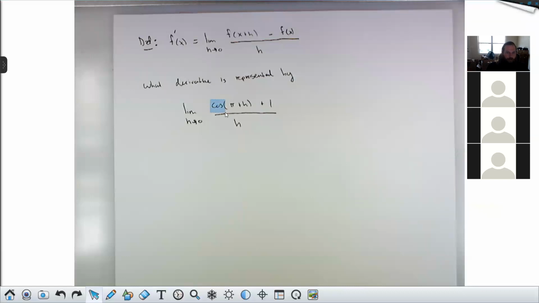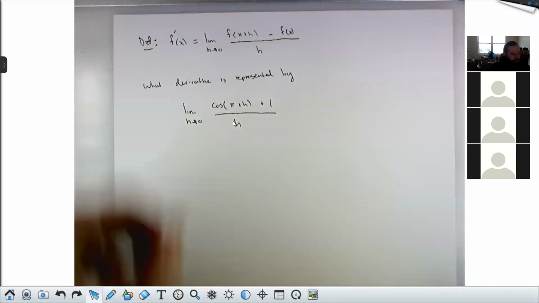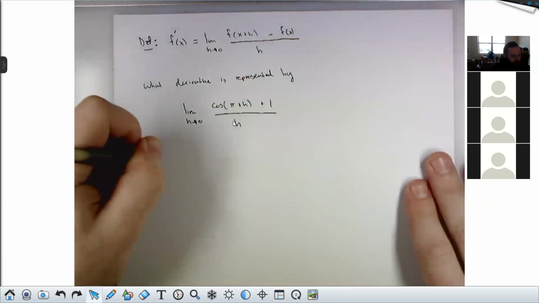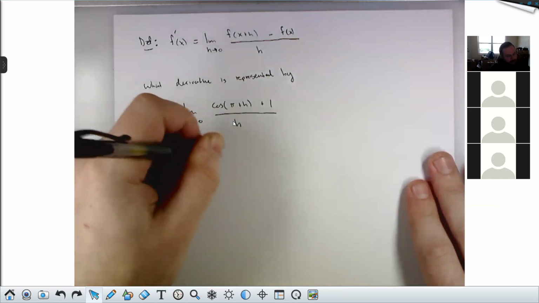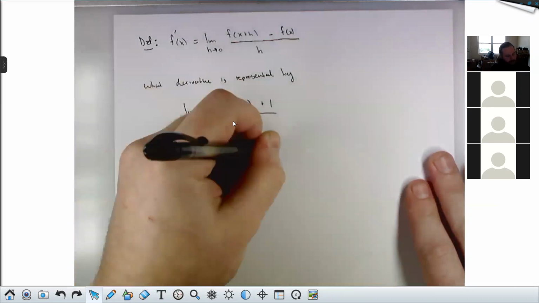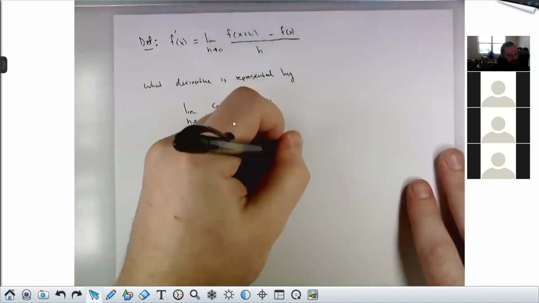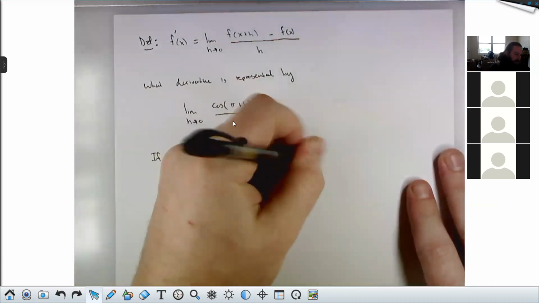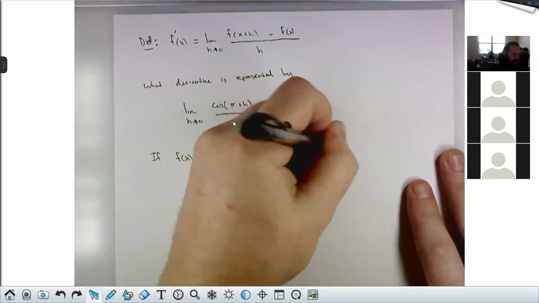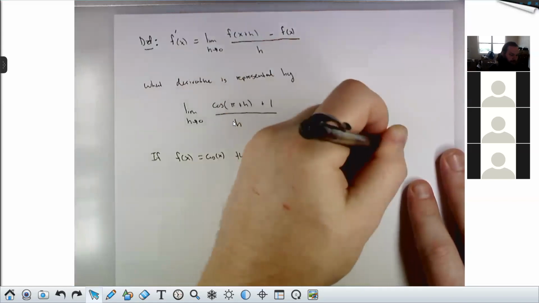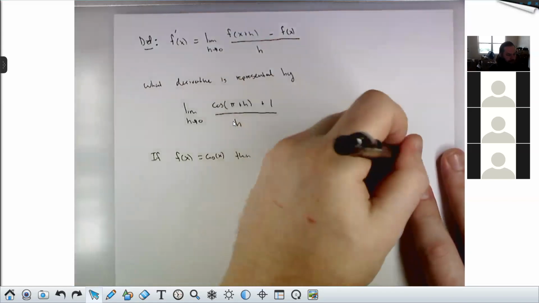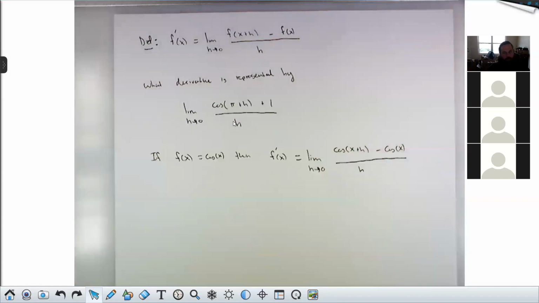The first thing I see here is a cosine, right? So I'm thinking the function f is probably cosine. So I would say, well, if f of x is cos x, then f primed of x, let's just write down what that limit would look like and compare it to what we have above, is the limit as h goes to 0 of cosine of x plus h minus cosine of x all over h.